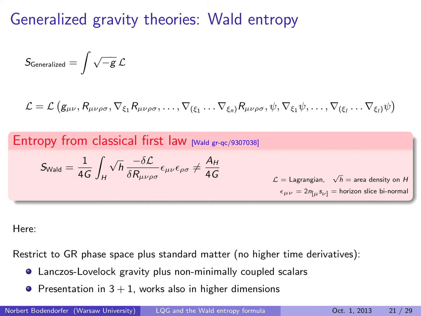Now, there is a result that you can rewrite such a generalized theory as general relativity non-minimally coupled through very complicated tensor fields. But these tensor fields are symmetric tensor fields of higher rank, and we don't know how to quantize them using loop quantum gravity. So no clear statements can be made there. But it might be conceivable that the same thing should go through for arbitrary theories.